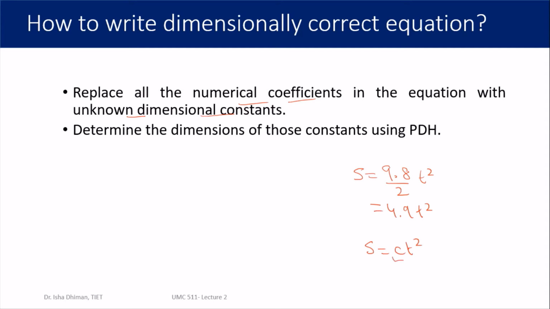Now you want to know the dimension of this C. So you apply the principle of dimensional homogeneity and you will get the value, because you know S is L, T square is T square. So C should be LT minus 2. So it's very easy to calculate. In fact, this is a basic method of dimensional analysis to compute the dimension of unknown constants involved there.